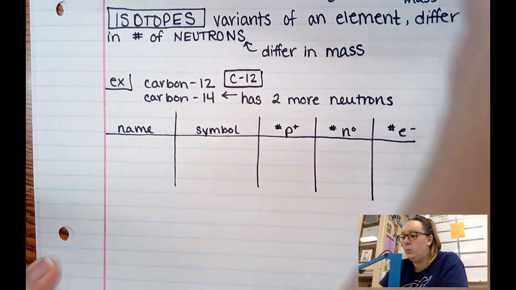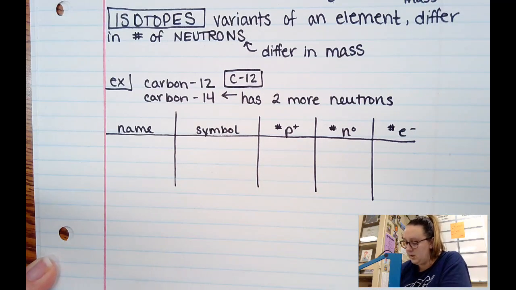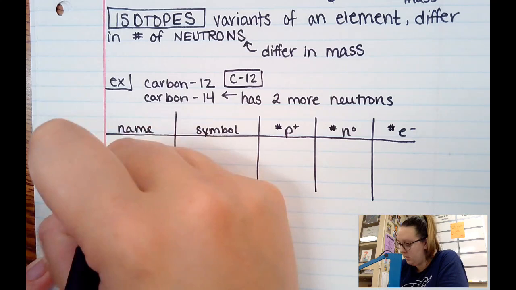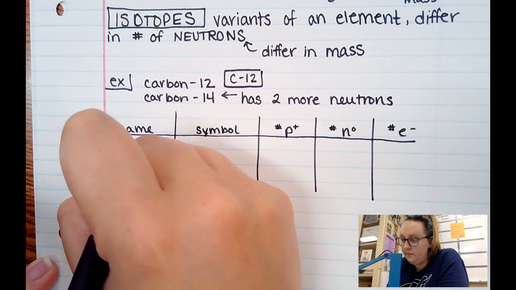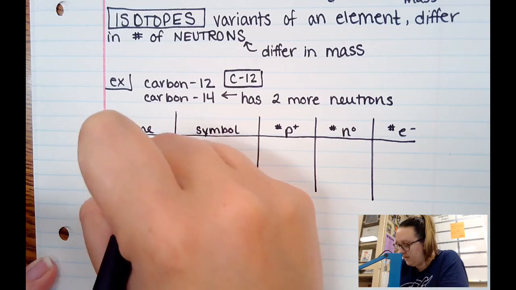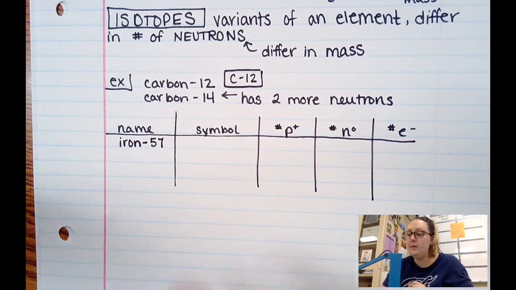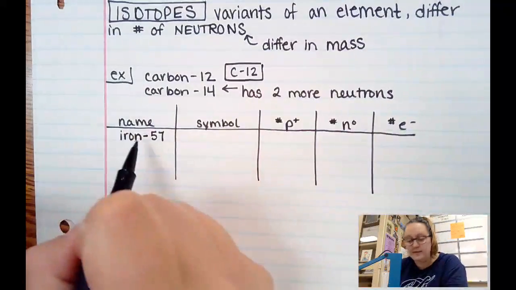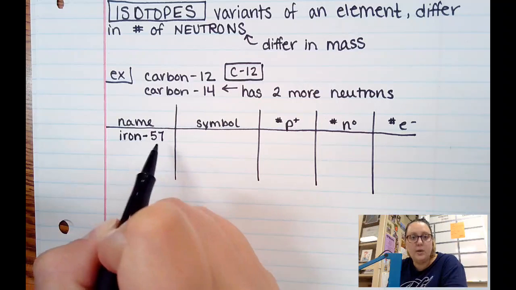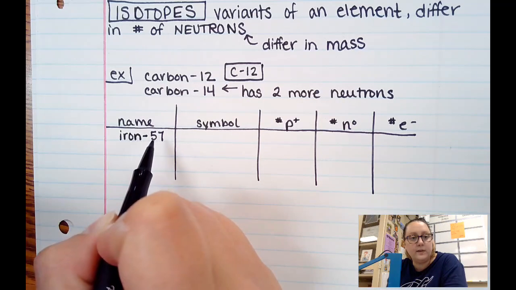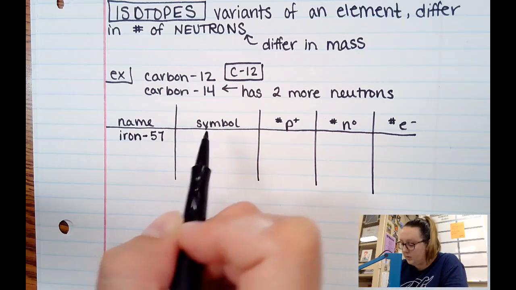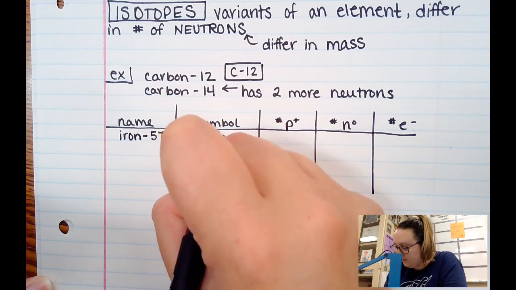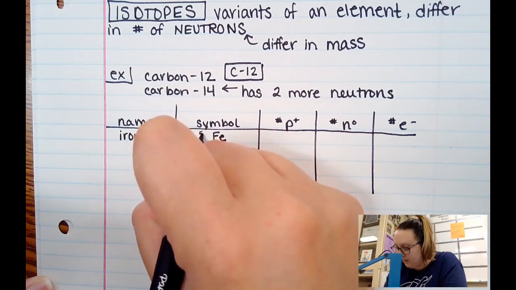All right, if we are given the name iron-57, right away we know this is not the variety on the periodic table because it has this dash telling us it's an isotope, and this isotope's mass number is 57. How to write this symbol? Well, iron is Fe, and the mass goes on top. Since protons never change, we use the atomic number, goes on the bottom, 26.